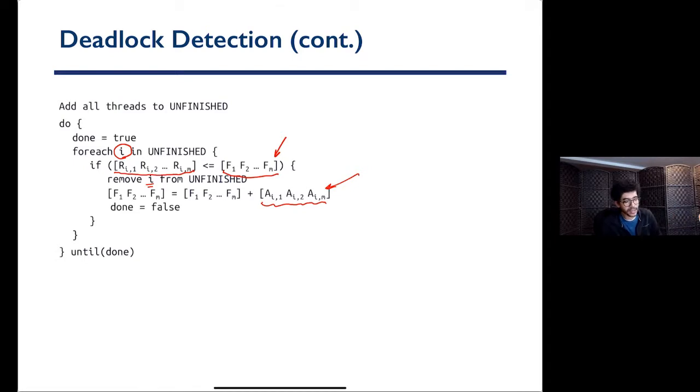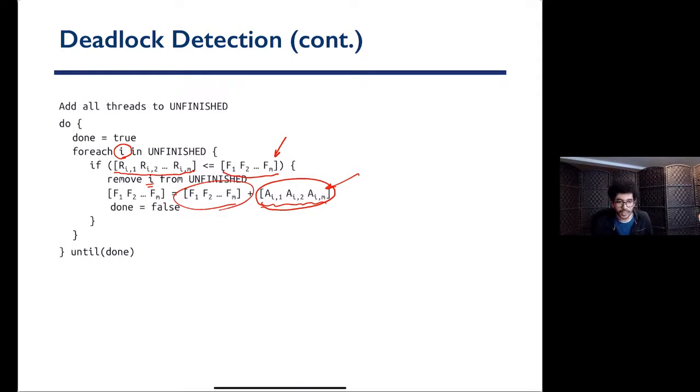So I add its current allocation to my free resources. And then I continue. I pick another thread. I check to see if this thread could also finish. And I just iterate this until I cannot find any thread that can finish.